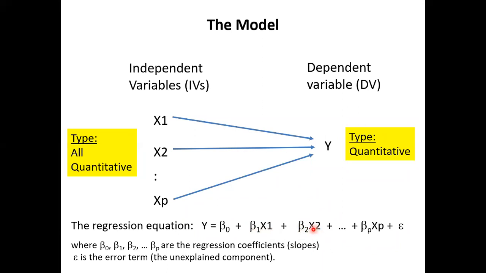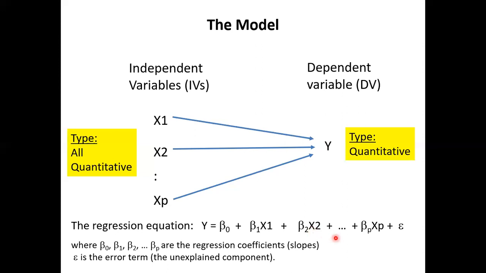So what I'm looking for is whether b1, b2, and so on are 0 or non-zero. 0 means the slope is flat, so y does not depend on x1. How do you know that? For each one of the coefficients there will be a p-value. If the p-value for x1 is less than 0.05, we say y depends on x1. If the p-value for x2 is more than 0.05, then y does not depend on x2.